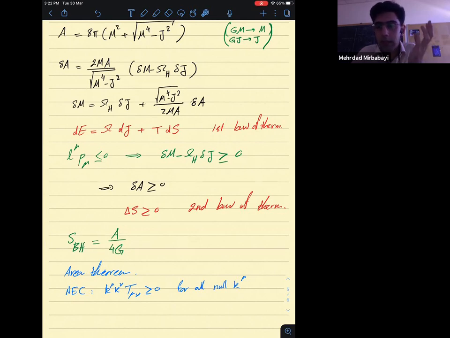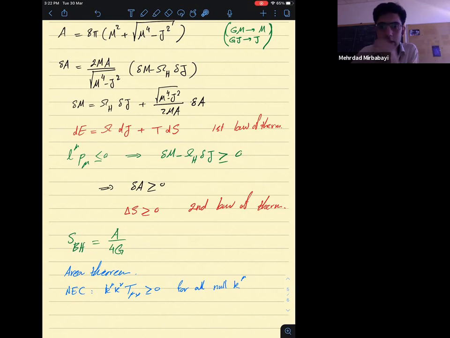So therefore it makes sense for black holes to have entropy, to show that there are many ways of making them. And then you can ask the question about what happens if I drop my cup of tea in the black hole, whether I'm violating the laws of thermodynamics or not.